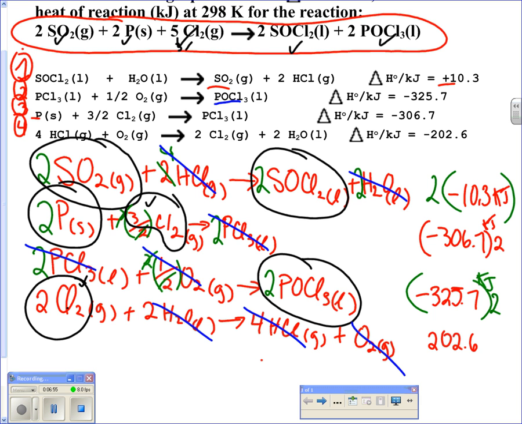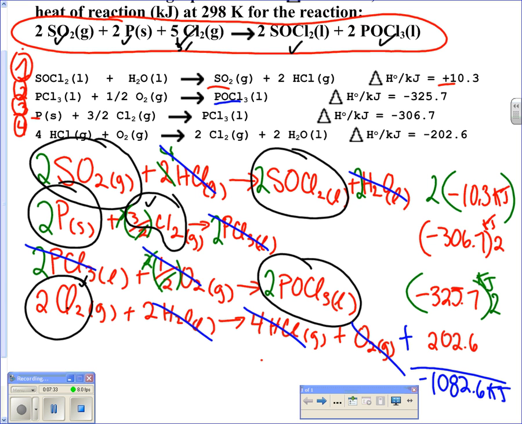At my last look, is everything gone that's not circled? The answer is yes. I love it when that happens. So now I'm going to work this out. I'm going to do 2 times a negative 10.3, 2 times a negative 306.7, 2 times a negative 325.7, and 202.6. I add all of these together, and you get a negative 1082.6 kilojoules.